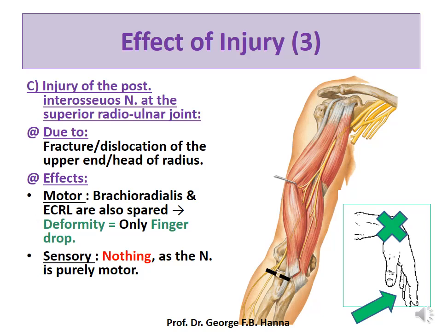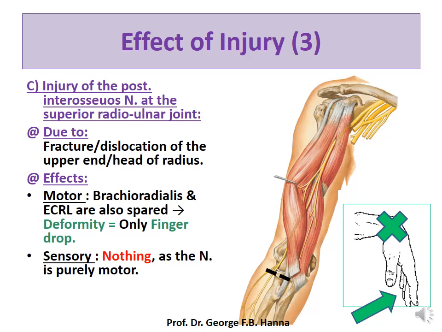So dislocation of the superior radioulnar joint or fracture of the upper end or head of the radius may lead to injury of the posterior interosseous nerve. Effects, of course, sensory effects nothing, because the nerve is purely motor. What about the motor effects?